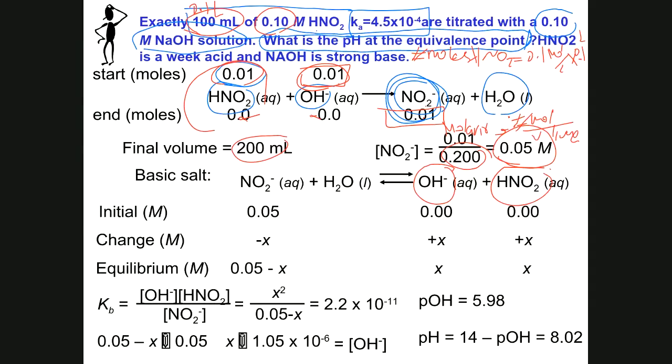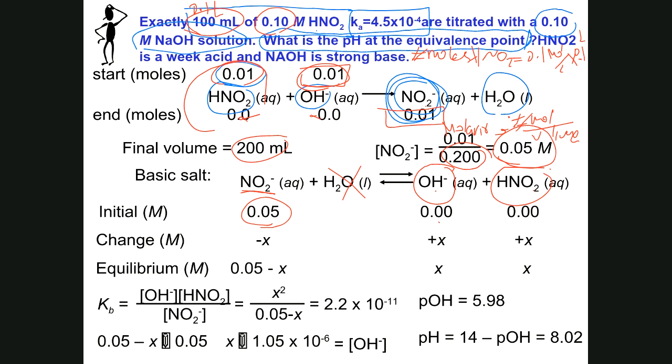So initial concentration for the base, 0 for the product, the variable x, and you are going to set up the K expression. K expression in this case is going to be for concentration of the products over concentration of the reactant. We cannot write water because it's a pure substance. For the pure substance, we don't write in the K expression.